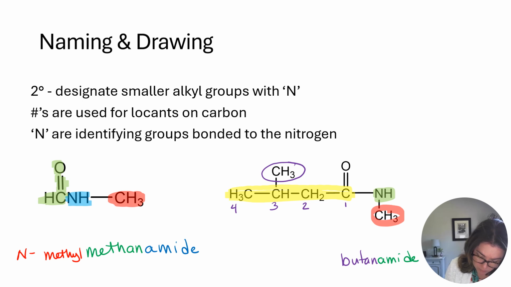So I need to identify each of those. It's on carbon number 3, that's my locant value. I also have one bonded to a nitrogen. So it's 3,N-dimethyl butanamide.